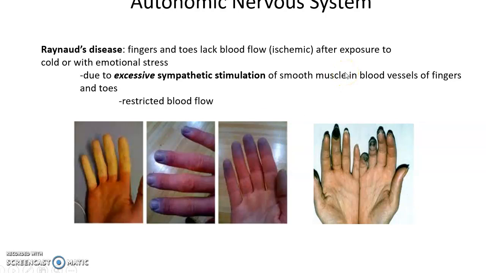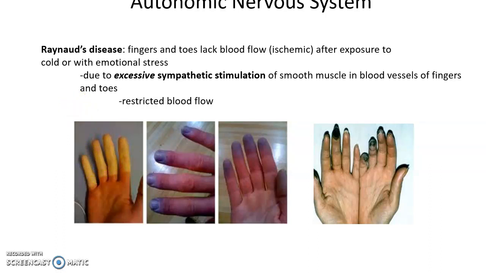Raynaud's disease is an autonomic related disease. Basically what happens is a person's extremities, especially fingers and toes, will sometimes have blood flow slow down or shut down completely. It could be exposure to cold, could be emotional stress.